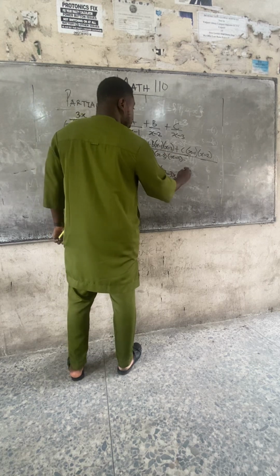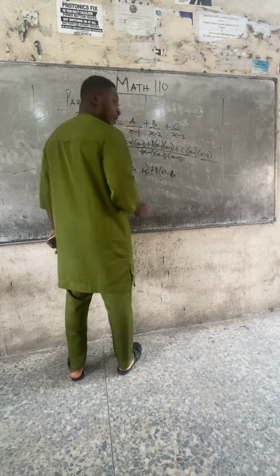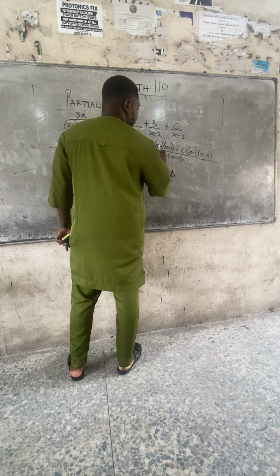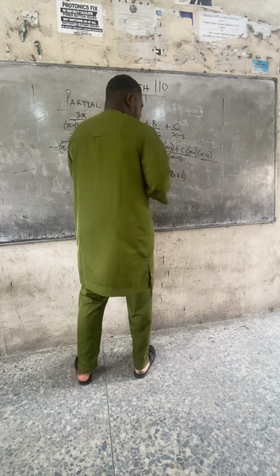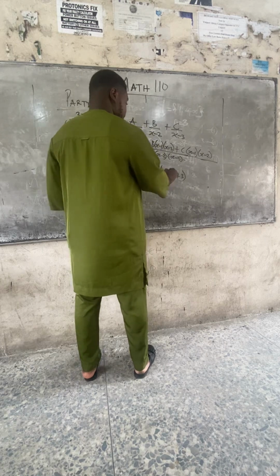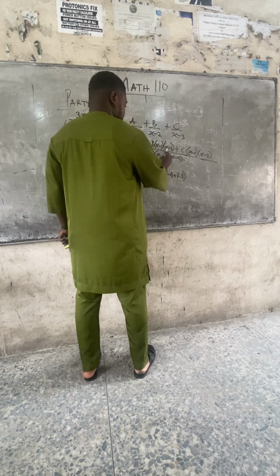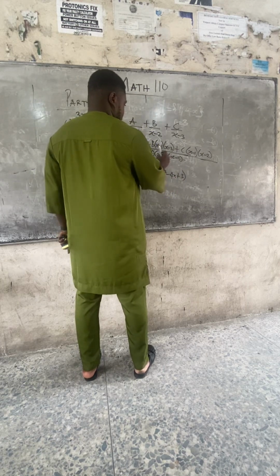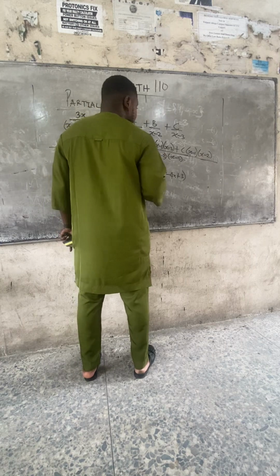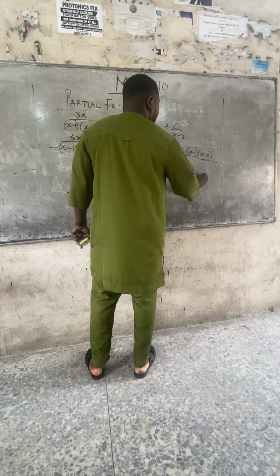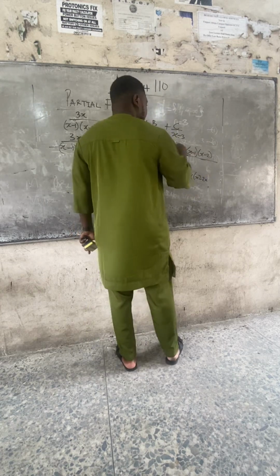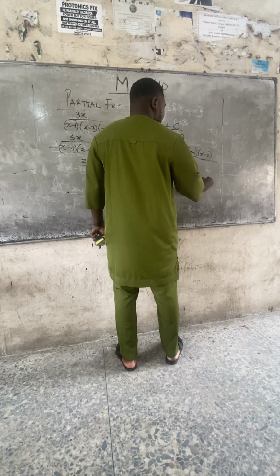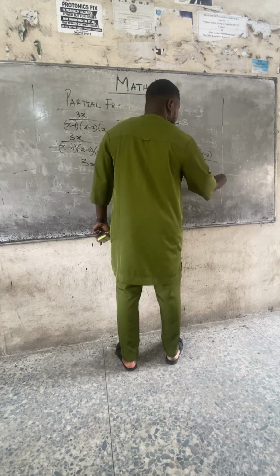Minus 1 times x, minus x. That's minus 4x. Minus 1 times minus 3, plus 3. Plus c into bracket: x times x, x squared. x times minus 2, minus 2x. Minus x means minus 3x. Plus 2.